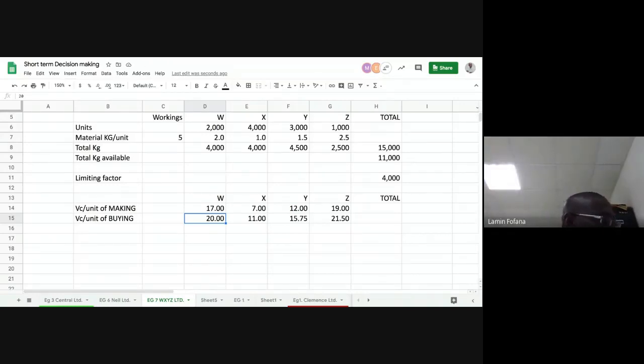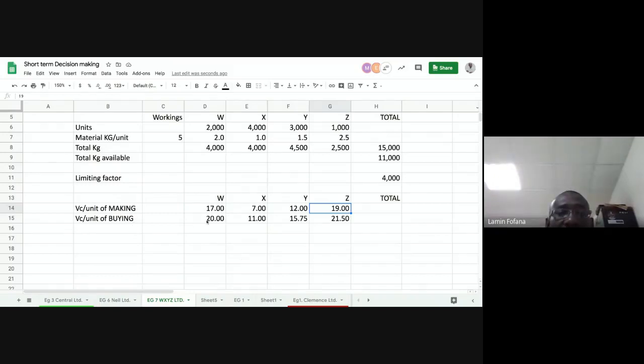So let's find the difference. When you look at this, it's cheaper to make in W, cheaper to make in X, cheaper to make in Y, cheaper to make in Z. So it's cheaper to make in all instances, isn't it?